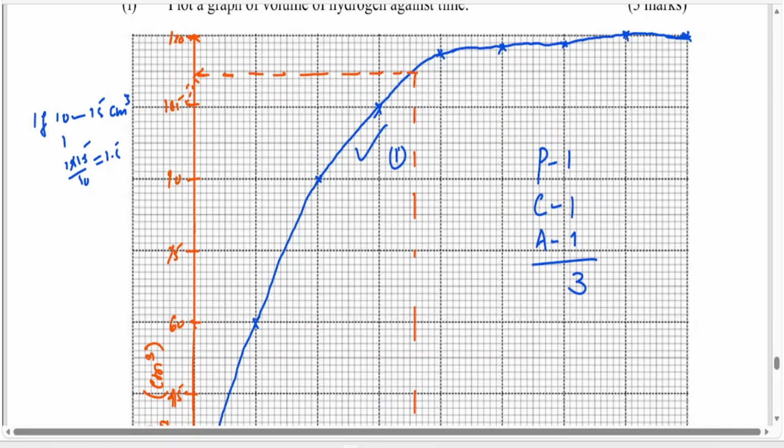So 6 small squares from 90 shall be at this point from 90. Then we move downwards.